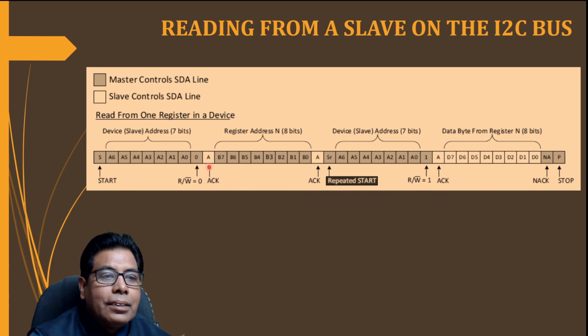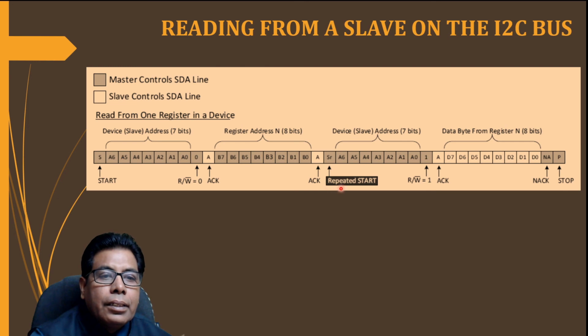Then slave will send the acknowledgement here in the 9th bit, 9th clock period. Then the address will be sent by the master, B0 to B7, that is 8-bit address, and then again that is received by the slave. It will give the acknowledgement.